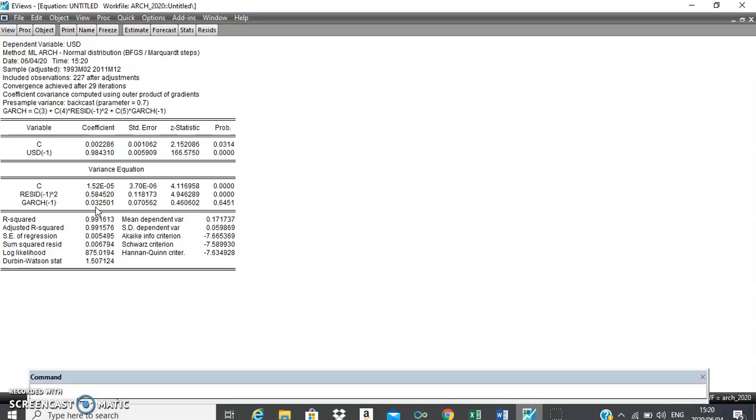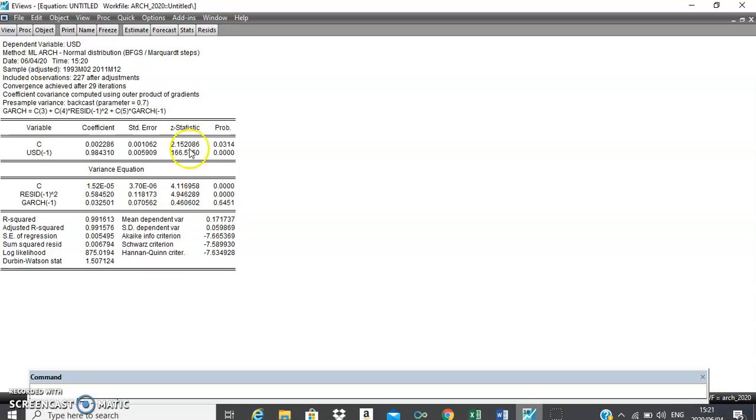Is that closer to 1? It is quite high enough, and therefore we can argue that volatility is, to a certain extent, persistent. So that is basically how we estimate the GARCH model.